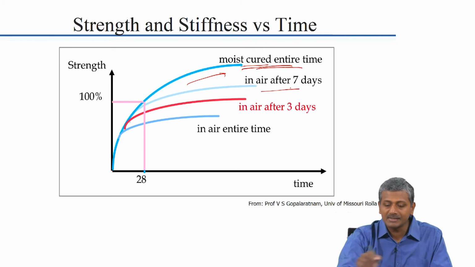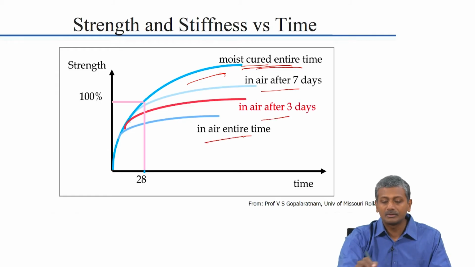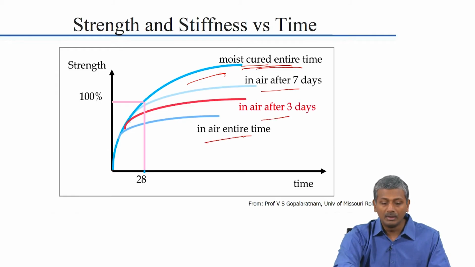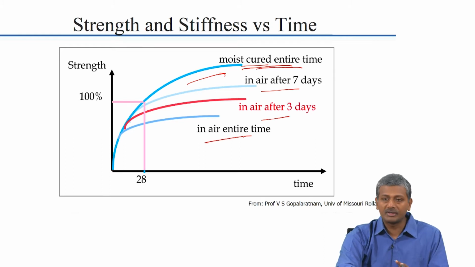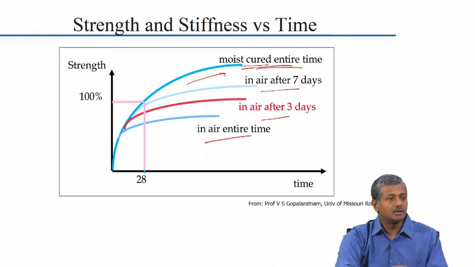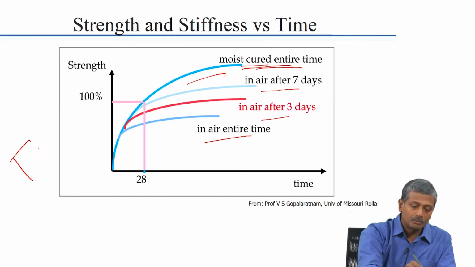Now, if you are curing less or not curing at all, then your potential to develop that maximum strength is going to be lowered. Whether this creates a problem for your concrete structure or not is debatable. For instance, if you are thinking about a column, you have the reinforcing bars on the outside which are put together by the tie bars.